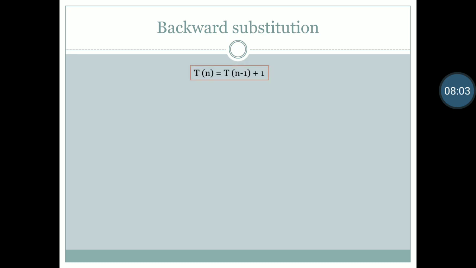From the previous example we have taken this equation. This is a recurrence relation: Tn is equal to Tn minus 1 plus 1. For solving this recurrence relation, we will have to know the value of Tn minus 1. Why?